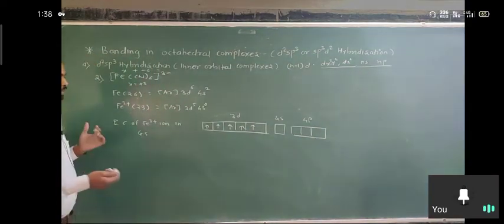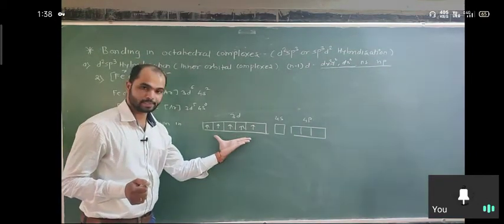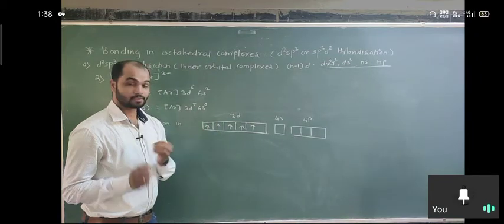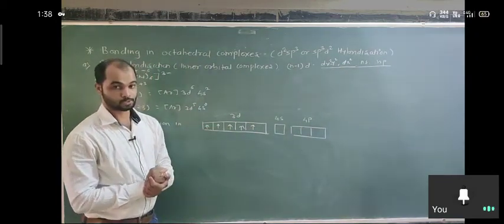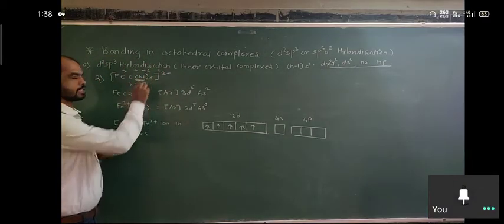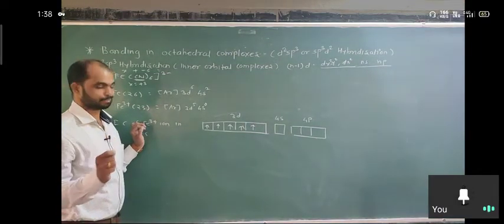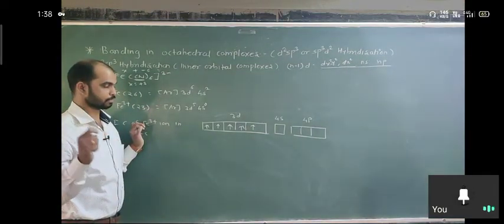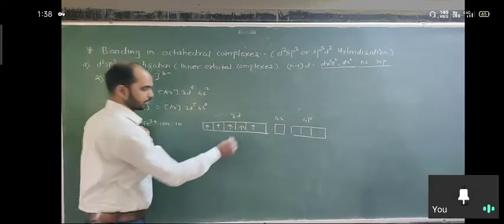So what happened here? There are 5 unpaired electrons; to make 2 empty orbitals, is it possible? Yes, it is possible. And there is a ligand. Who is the ligand? CN- is the ligand, which is very strong in nature. So it provides the pairing force, or the pairing energy, so the electrons are paired here.